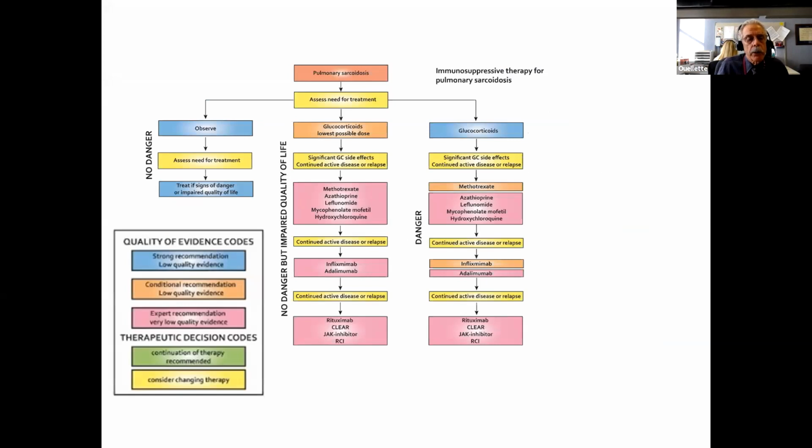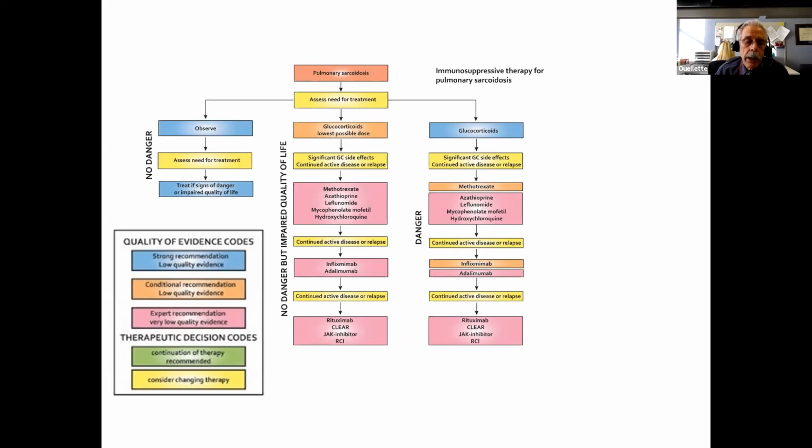The algorithm that we're going to develop for our guideline and in its pre-review is displayed for you here for immunosuppressive therapy for pulmonary sarcoidosis. This algorithm is color-coded for strong quality evidence or strong recommendations, for conditional recommendations, or for those in pink that are just expert recommendations.